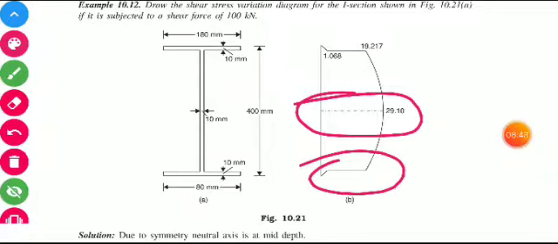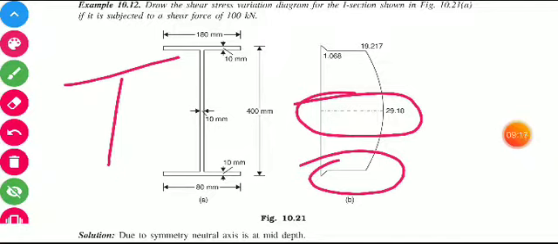So it is very easy to calculate the shear stress distribution in a symmetrical section. But when the section is not symmetrical, for example a T section, you have to derive the shear stress distribution along the T section. That question is more advanced than the symmetrical section.